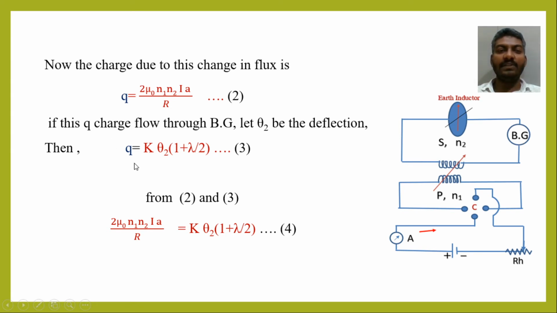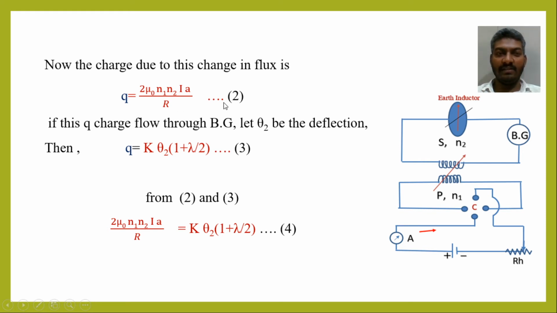Then from the theory of ballistic galvanometer, we can write Q is equal to K theta 2 into 1 plus lambda by 2. Here this K is equal to C by BAN into T divided by 2 pi.